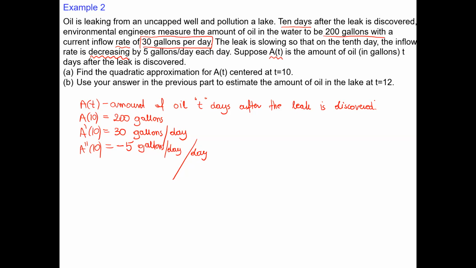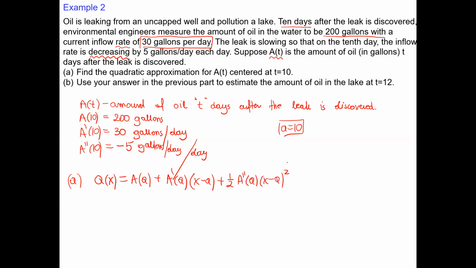Now the question: find the quadratic approximation for A of T centered at 10. So nice, because we know the formula. The quadratic approximation is A of a plus A prime at a times x minus a, plus this new part, 1/2 the second derivative at a times x minus a squared.